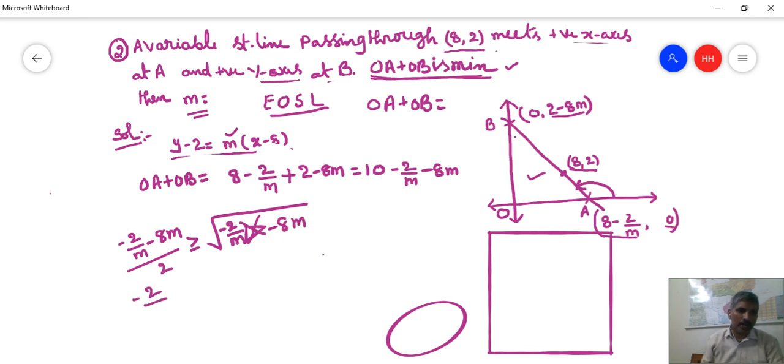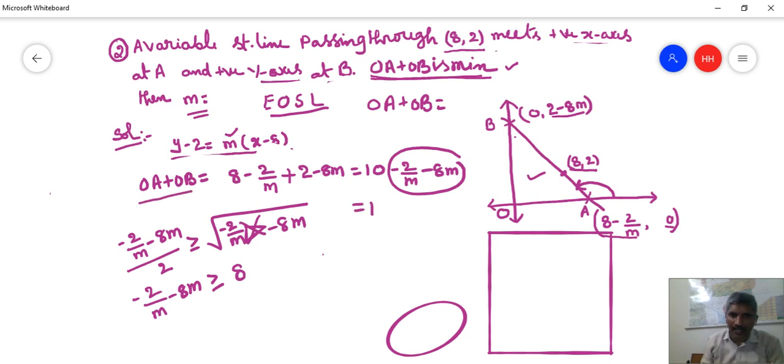Therefore minus 2 by m minus 8m is always greater than or equal to 8. Agree or not? So this minimum value we got is 8. That's why OA plus OB minimum value we will get 18, or not.